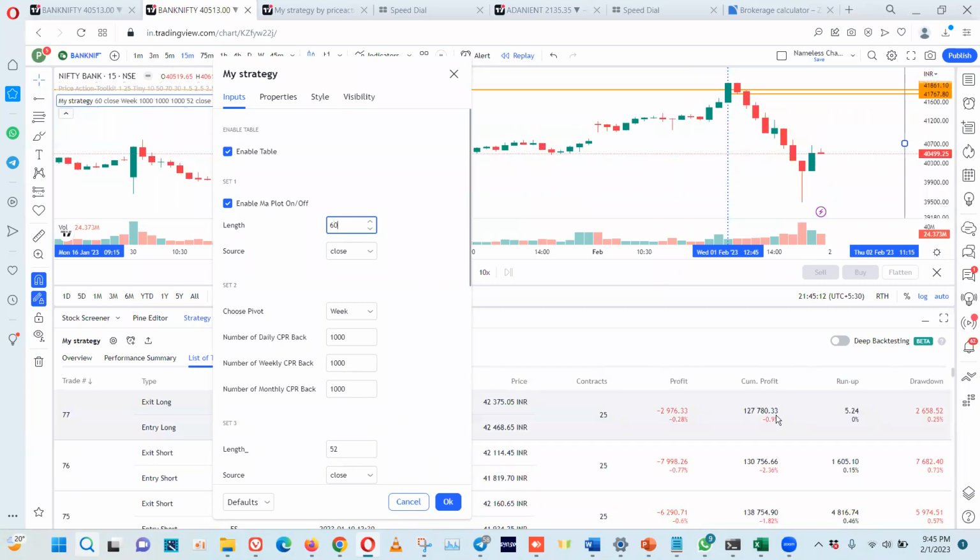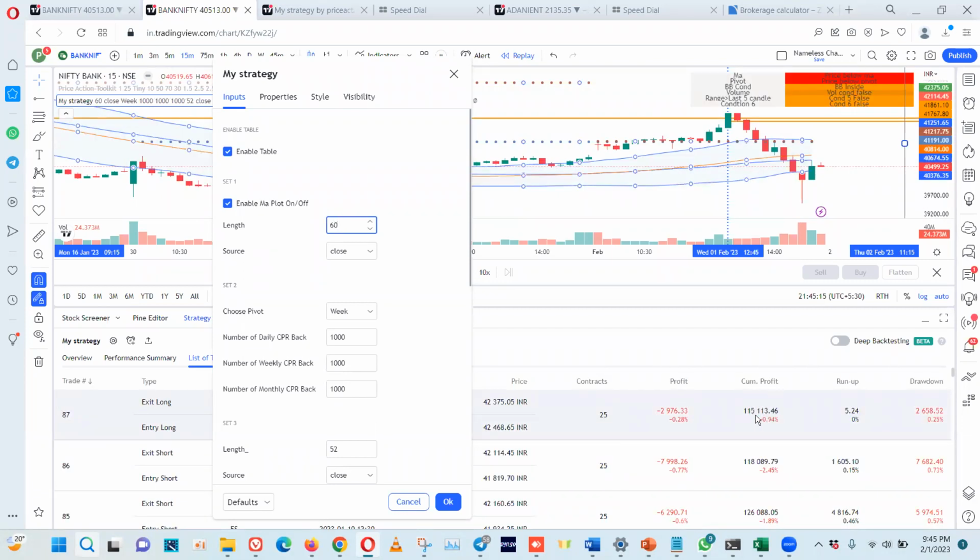What is length actually? That is my coded formula. Okay, fine. So here we have 220 length in first parameter. And if I add that, our profit is increasing.